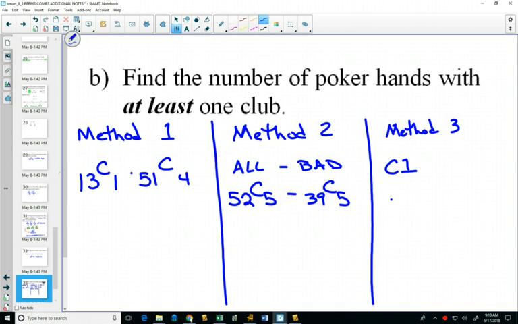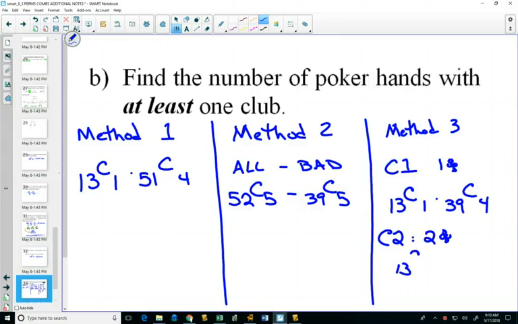And so if I want just one club, so case 1 will be one club, I will go 13 choose 1, and then from the other 39 cards, choose 4 more. Case 2, getting 2 clubs, that would be 13 choose 2, and from the other 39 cards, I'd have to choose 3 more.